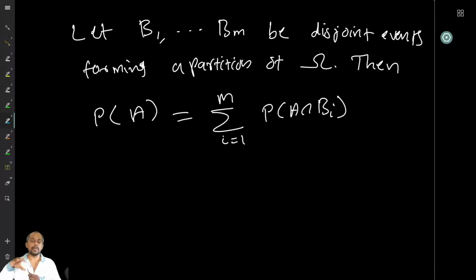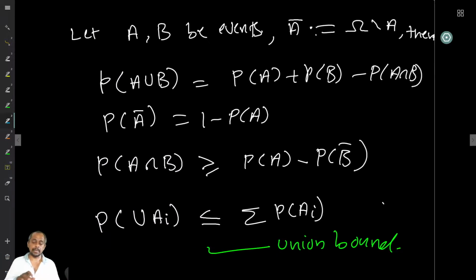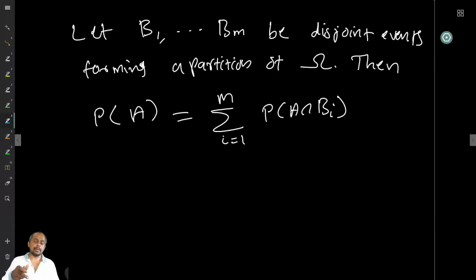Look at the intersection, take that part, take the probability, and add for each of them. When they are disjoint, you can add, so the inequality becomes equality here. If the Ai's are disjoint, then the probability of the union is the sum of the probabilities.